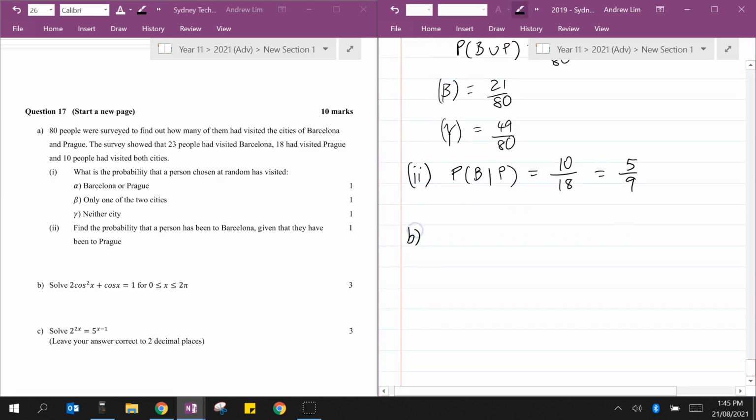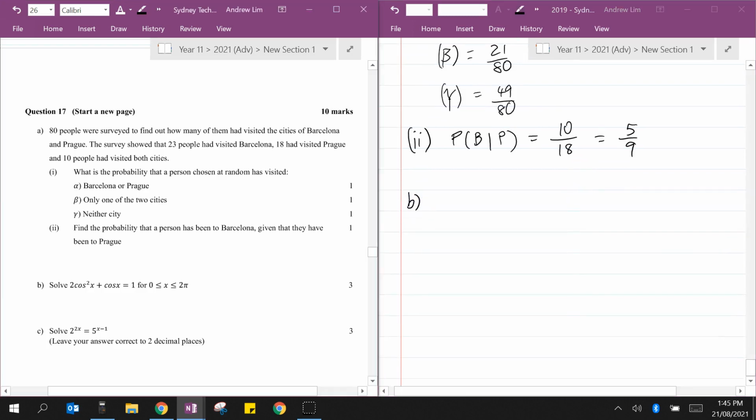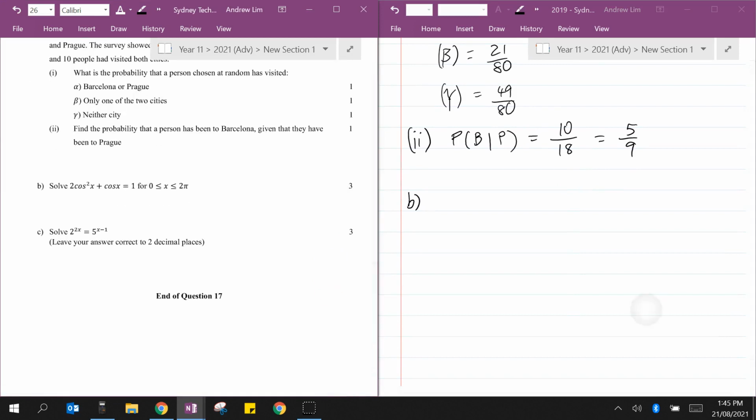Question B. Solve 2 cosine squared x plus cosine x is equal to 1 for that domain. So I'm going to move the 1 across to leave us with 2 cosine squared x plus cosine x minus 1 is equal to 0. I'm going to let u equal cosine x.